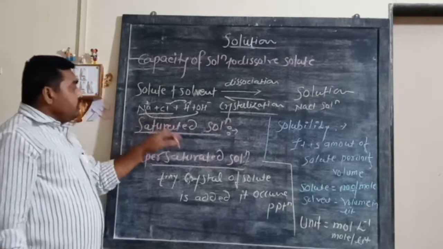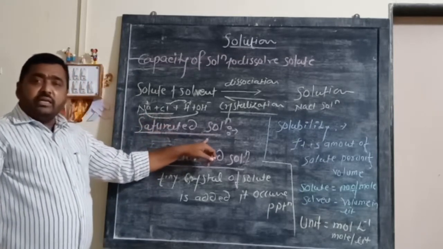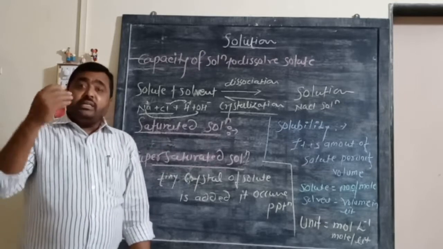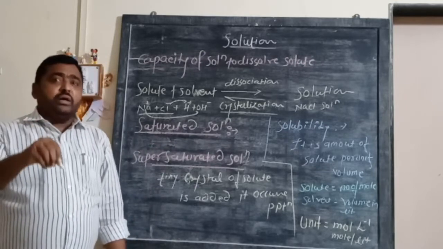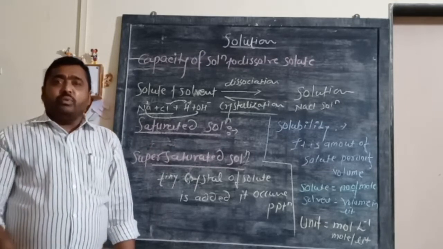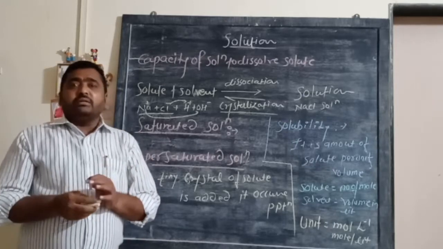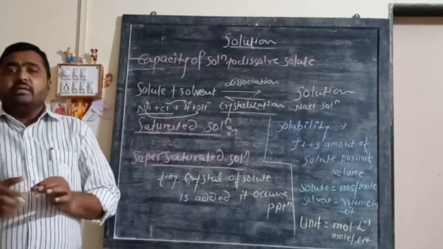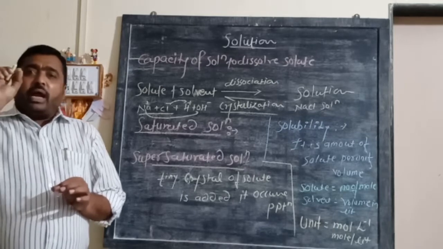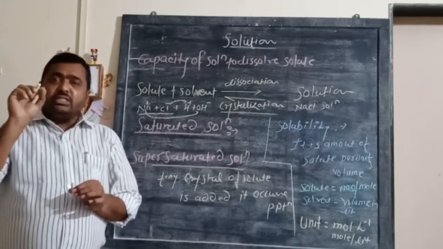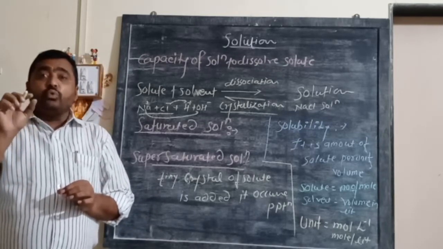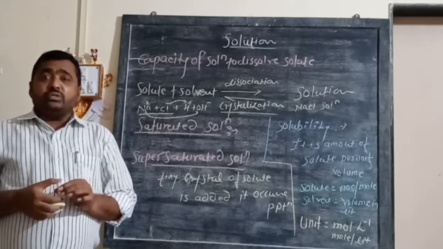When solute is dissolved into the solvent, the maximum quantity of solute is added into the minimum quantity of the solvent, and at that particular point or temperature, the dissolution stops, and then this solution is called a saturated solution.